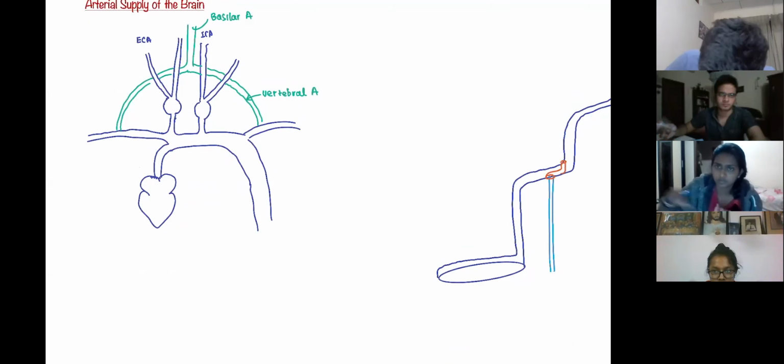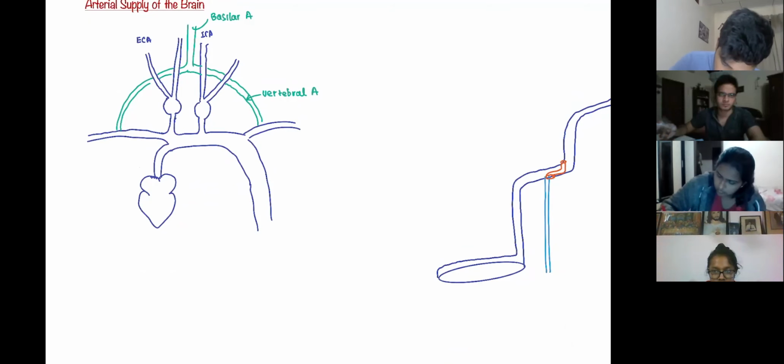Remember that it moves laterally and enters into the brain. Let me use red for the internal carotid artery. So it pierces through and enters the brain. Wait. Don't draw it so close to the edge of this because it becomes difficult afterwards.